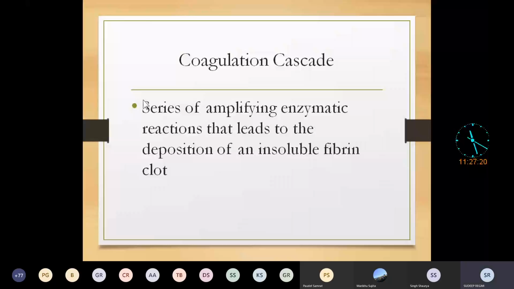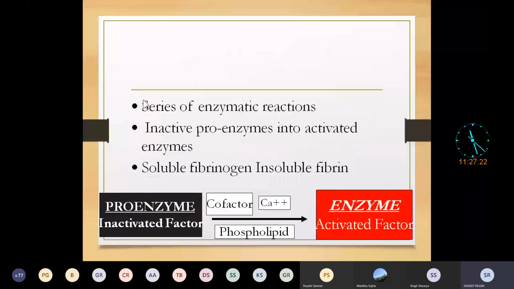In this coagulation cascade, there is a series of enzymatic reactions where inactive proenzymes are converted into activated enzymes, and ultimately the soluble fibrinogen will be turned into insoluble fibrin, which will be cross-linked to the primary platelet plug and make it stable.